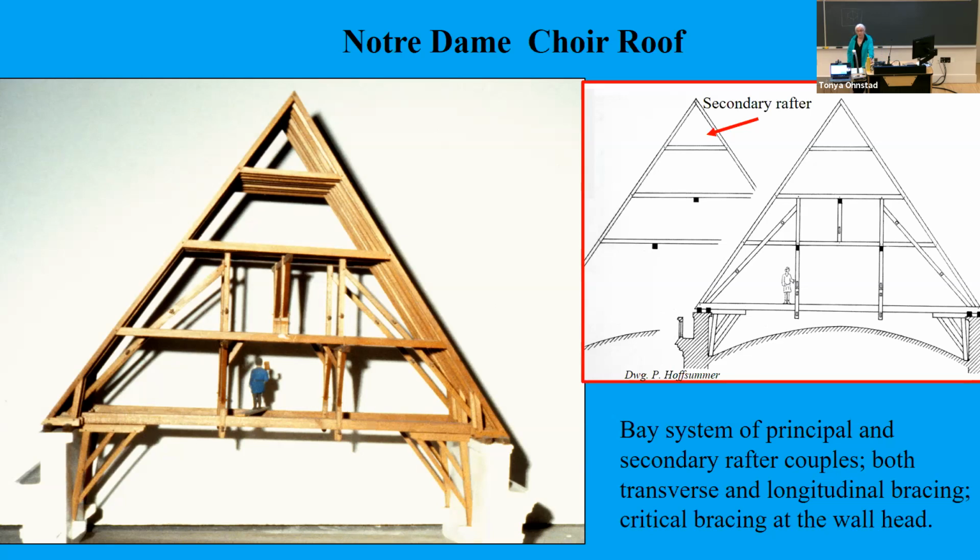So it was just this huge challenge. You're putting a biggish roof on top of a very tall building, about 100 feet. And the choir is about 12.5 to 13 meters internal span, depending on where you measure.